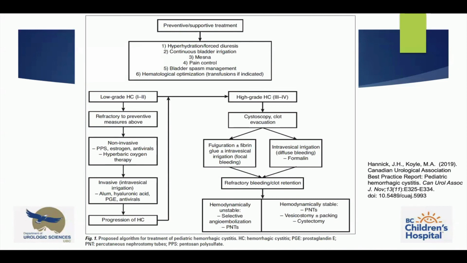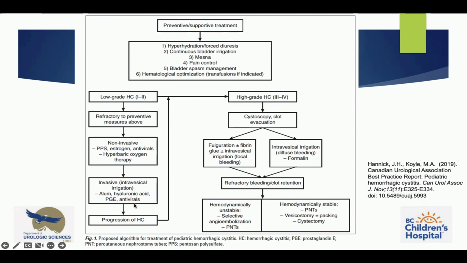So going back to the treatment algorithm, we talked about preventive and supportive treatments, and then for low-grade hemorrhagic cystitis, we talked about non-invasive medication and hyperbaric oxygen therapy, and then invasive intravesical irrigation if this fails.